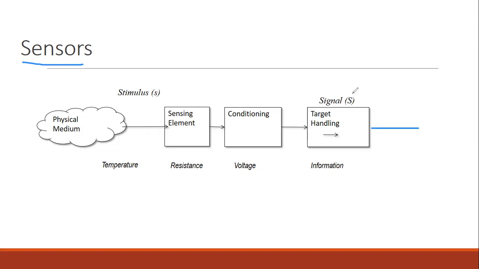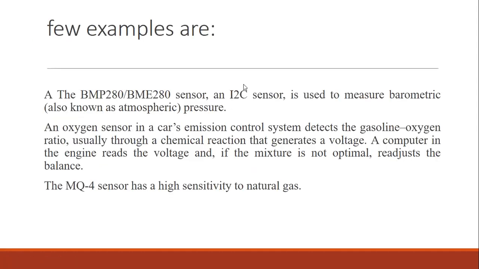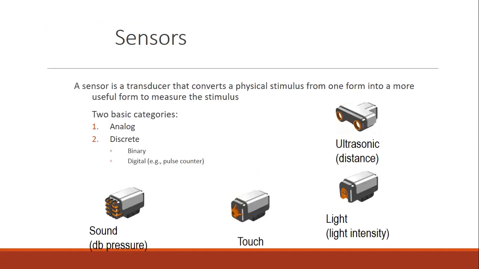So next, here we will discuss a few examples of sensors such as BMP280. These are a few more examples of sensors like analog sensor, digital sensor, ultrasonic sensor, touch sensor, sound sensor, light sensor.